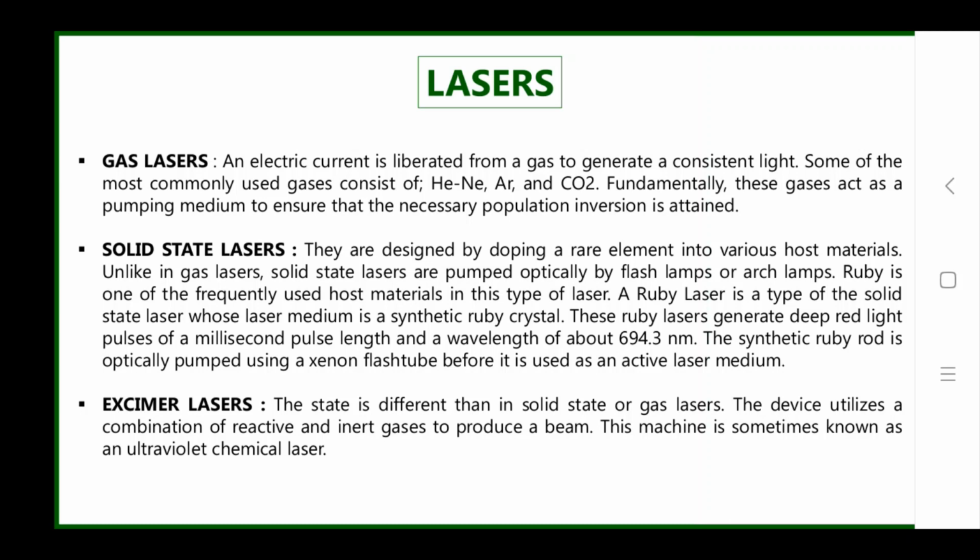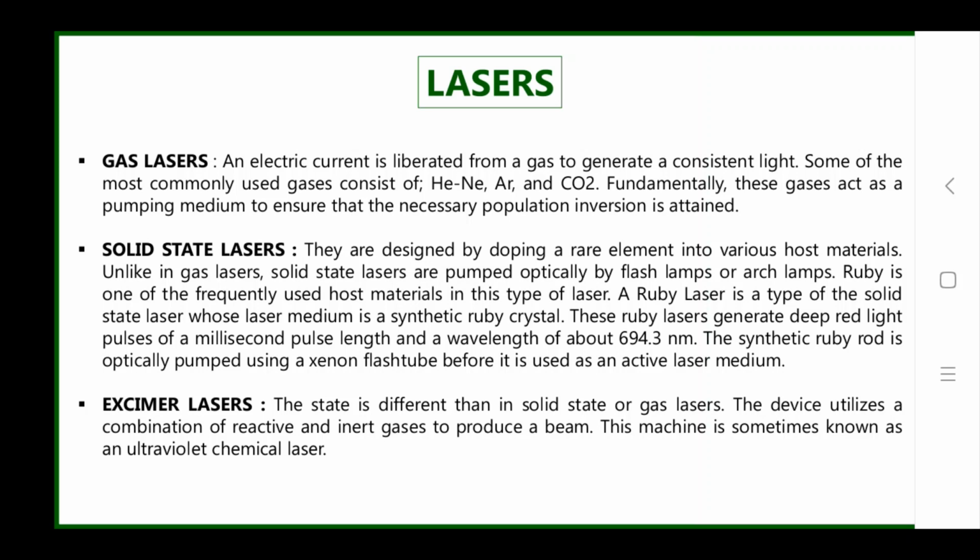These ruby lasers generate deep red light pulses of millisecond pulse length and a wavelength of about 694.3 nanometer. The synthetic ruby rod is optically pumped using a xenon flash tube before it is used as an active laser medium. So this is about the solid state laser.